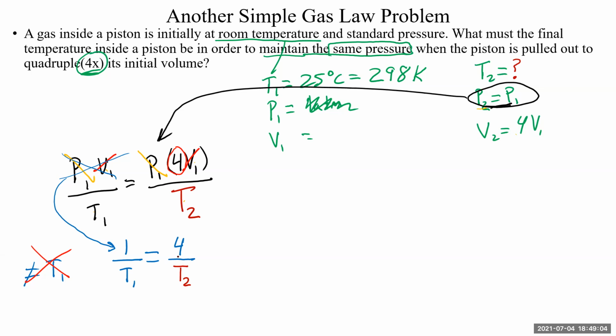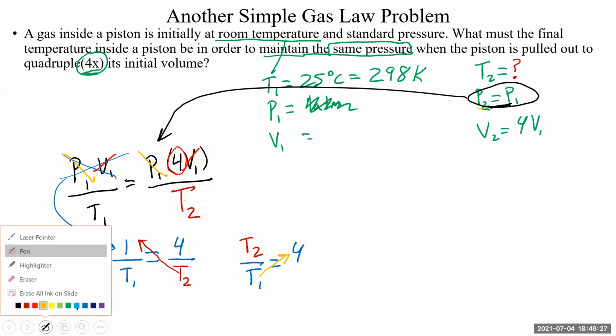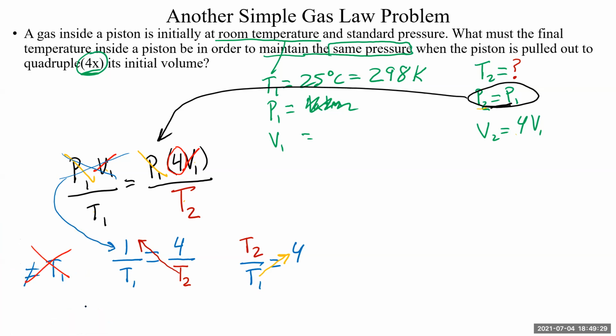Don't solve for the reciprocal. Solve for the actual number. Move the T2 up, so you have T2 over T1 equals 4. And then move the T1 across. Remember, you can only move diagonally across an equal sign. Keep that in mind. Otherwise, you're going to make a lot of unnecessary mistakes.